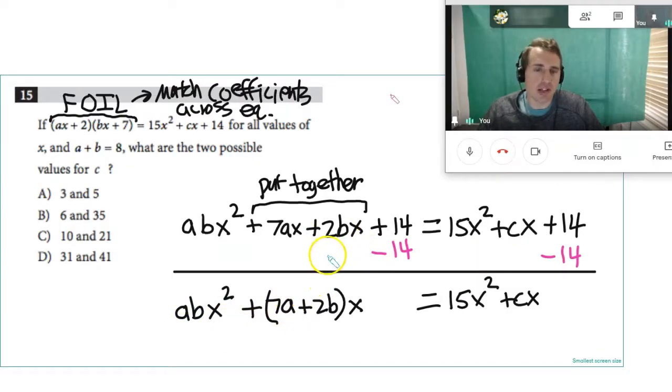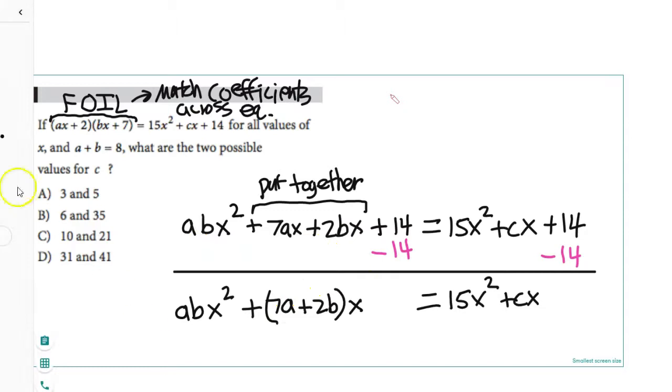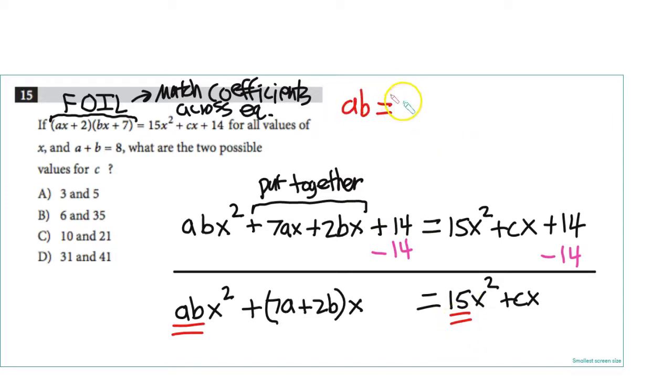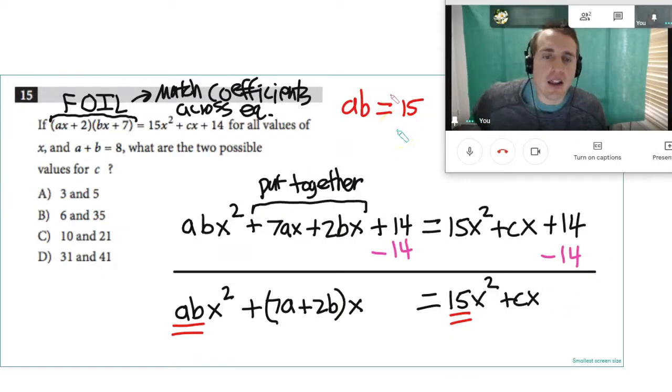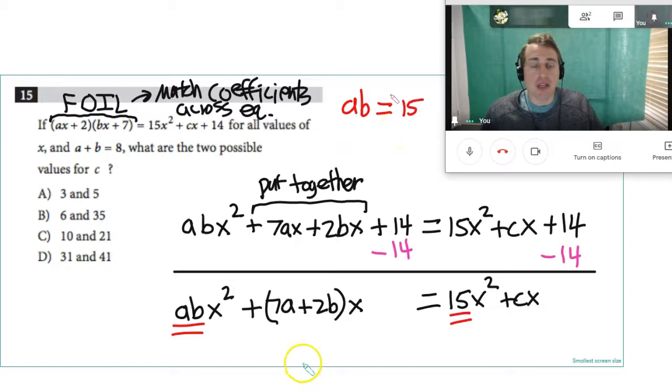Actually, it looks complicated, but now's the moment it becomes not complicated. You ready? Watch this. Here we have ab on the quadratic term. What do we have on this quadratic term? So we could say ab equals what? 15. Do you see that? Because look, both sides have x squared terms.